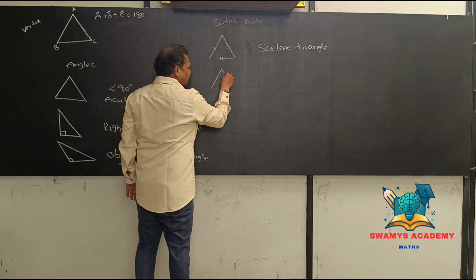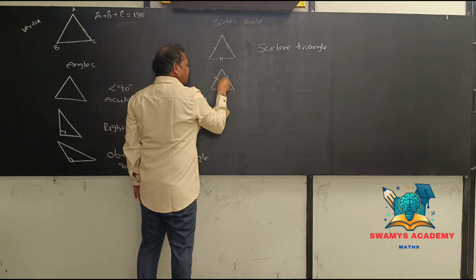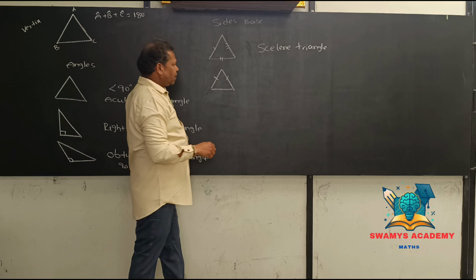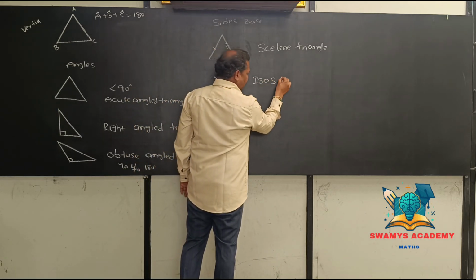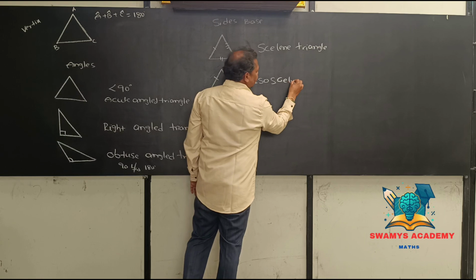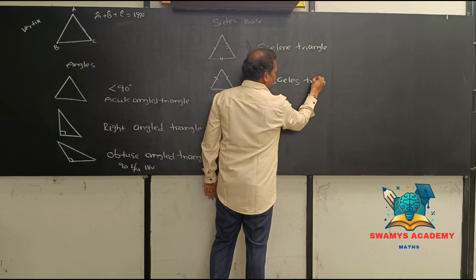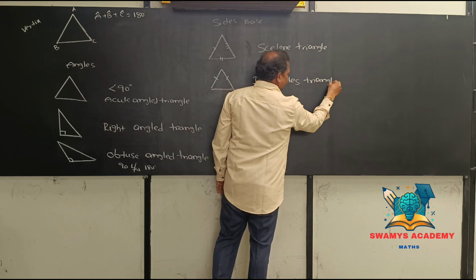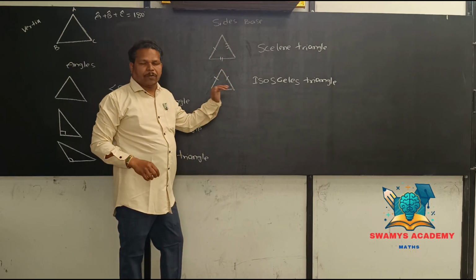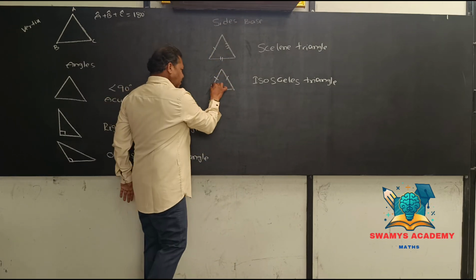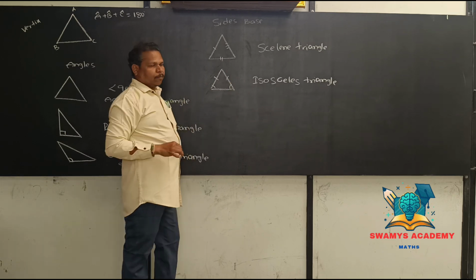If any two sides are equal, that we call an isosceles triangle. In an isosceles triangle, the two opposite angles will also be equal. If you take these two angles, they will be equal.